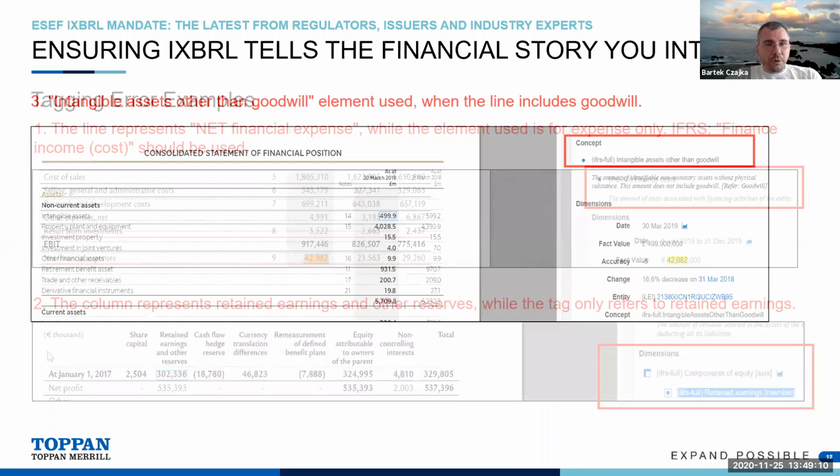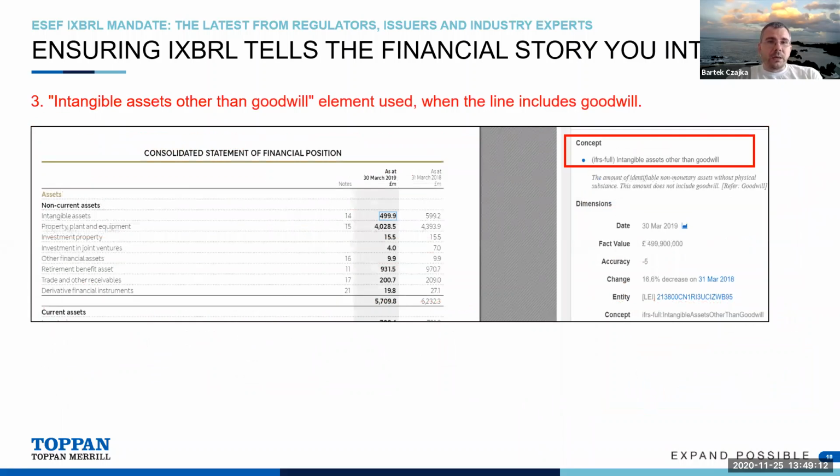I think we have two more on the next slide. We have one very common mistake, and that happens for ESEF much more than it happens for example, the SEC filings, where people just look at the face financials and don't bother to look into the notes and actually understand what the position means.